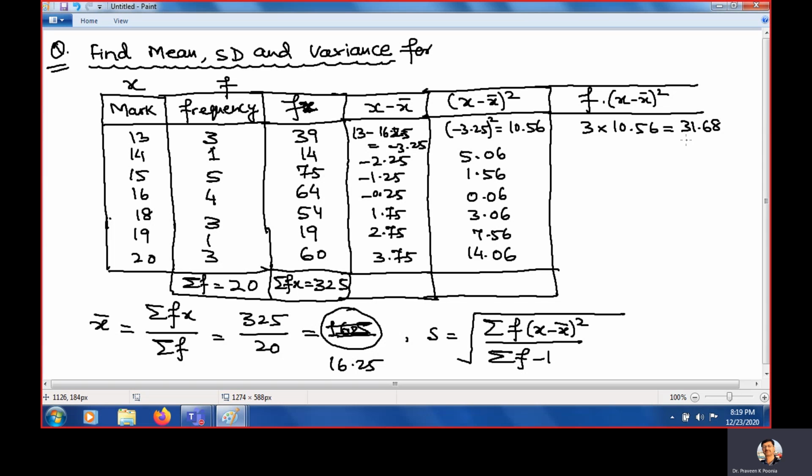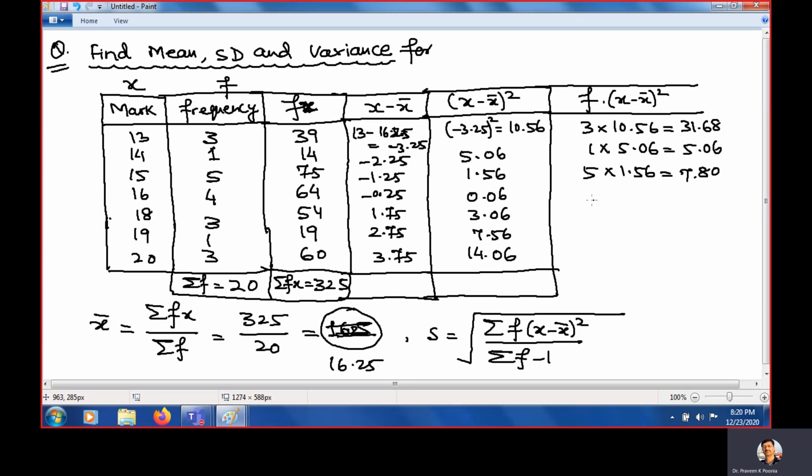Clear? Now the next value is 1 times 5.06, the value is 5.06. Another value is 5 times 1.56, and the answer is 7.80.